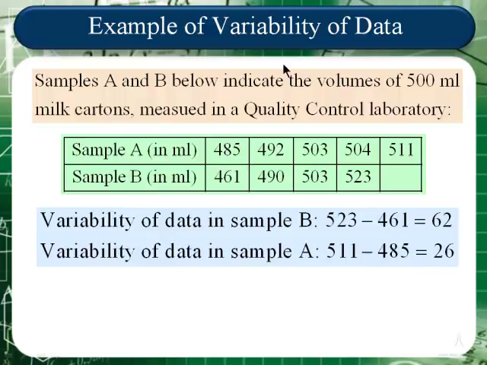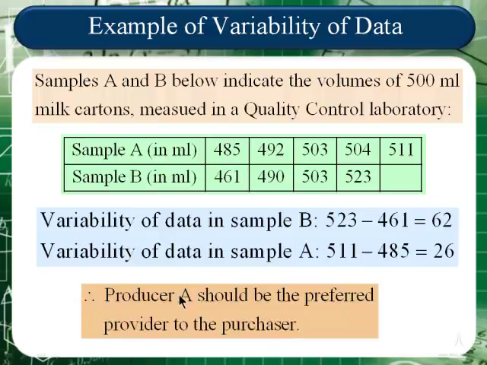So if the quality control laboratory should recommend a supplier to a shop, then producer A should be the preferred provider to a purchaser or a shop owner, because the variability is less.